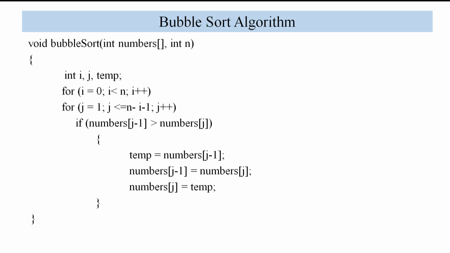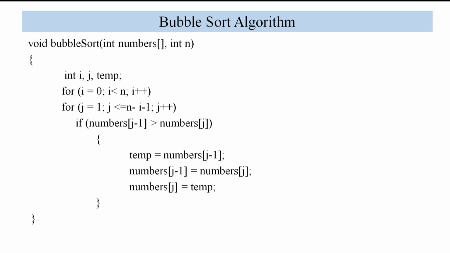We can see that in the outer loop, i is equal to 0, i less than n, i plus plus. So how many times will it execute in the worst case? It will execute n times: i equal to 0, 1, 2, 3 up to n minus 1.